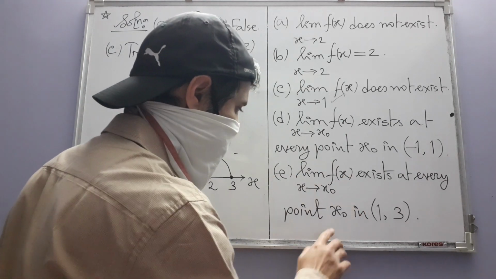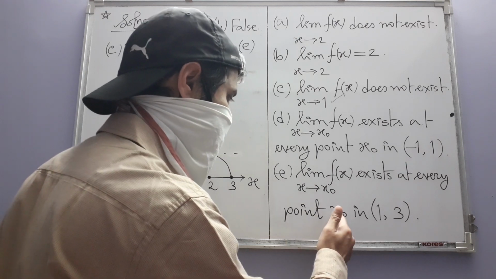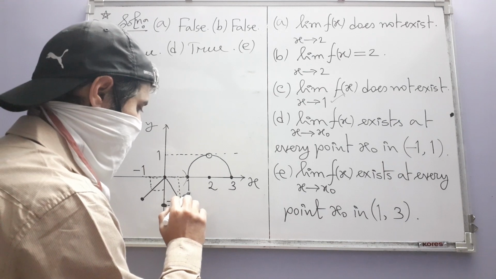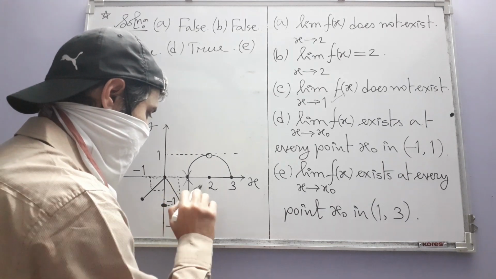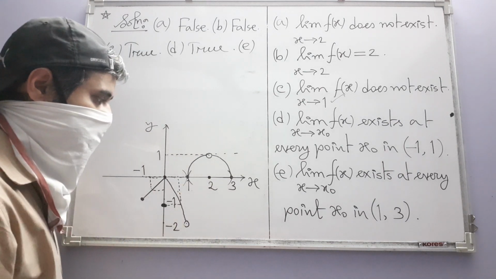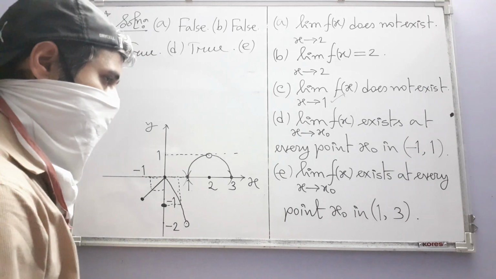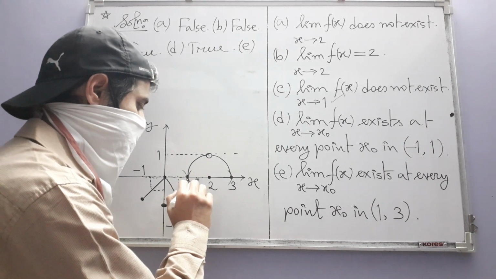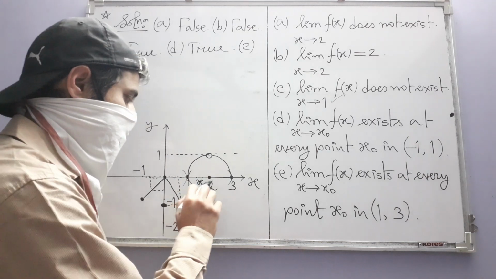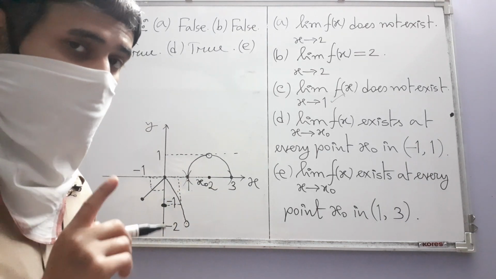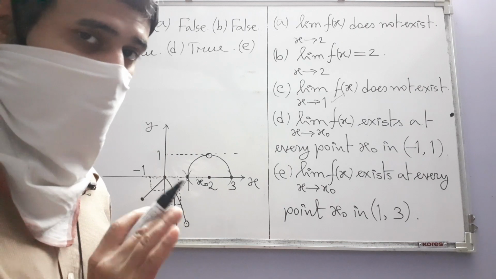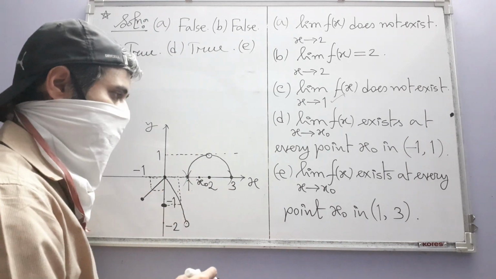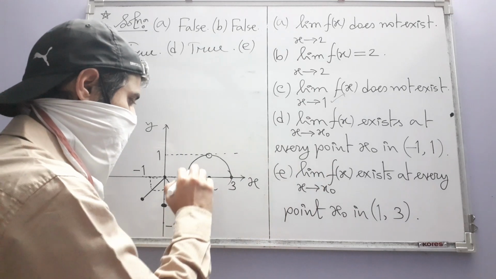so this time we have to decide what happens to the limit if our x naught lies within this open interval 1, 3. You can understand that if your x naught value lies to the left of 2, not x, first we choose the point x naught and then see what happens to this limit.